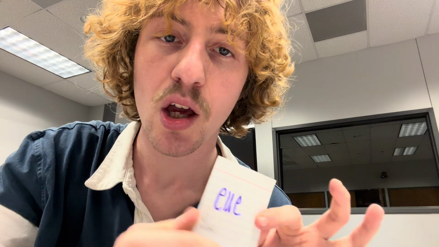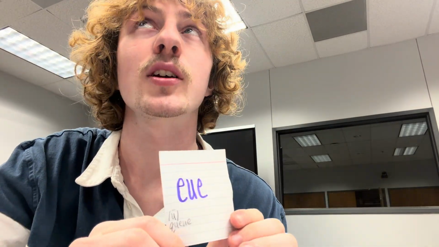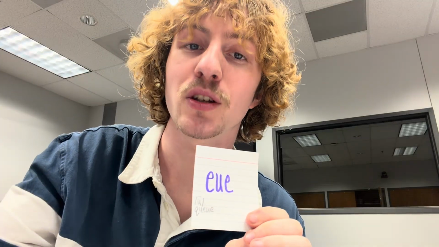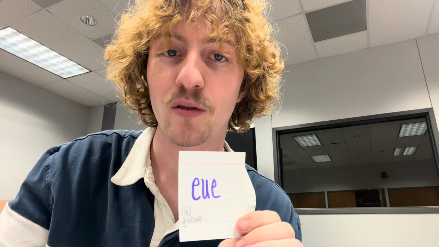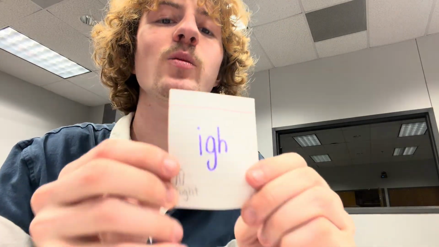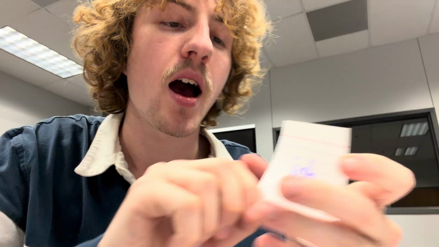But it will be a long U. We have EUE, like the word Q. Q is saying the letter U, so obviously it is a long sound. Remember, if it says the letter in it, it's long. If it says its letter, it's long. If it makes the letter sound, it's a short vowel. So U, long, short.